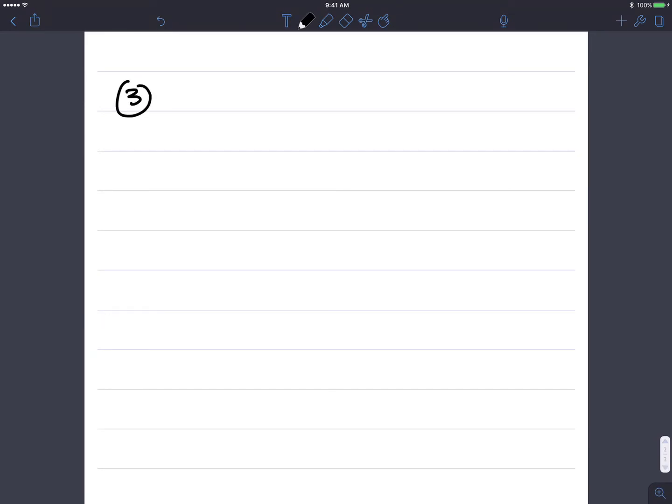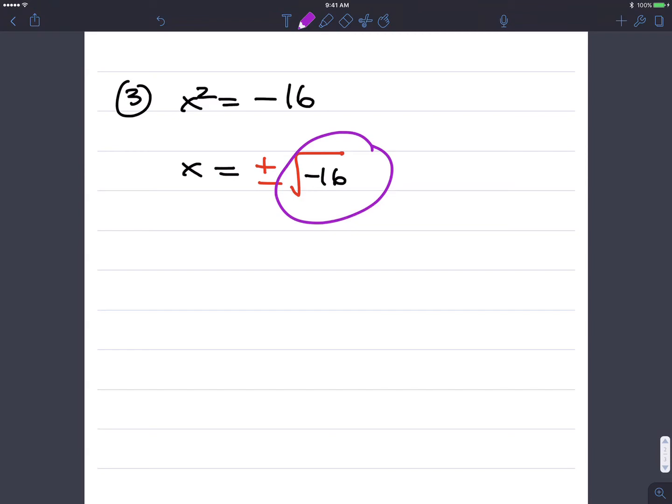Number 3. X squared is negative 16. If x squared is negative 16, we know x will be, I'll emphasize, plus or minus the square root of negative 16. We're going to have to evaluate or simplify this radical.